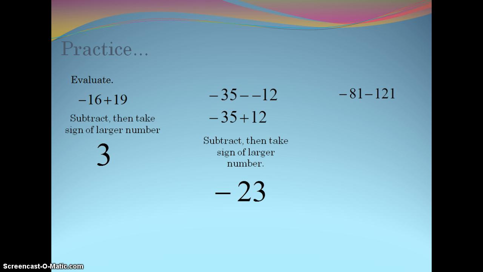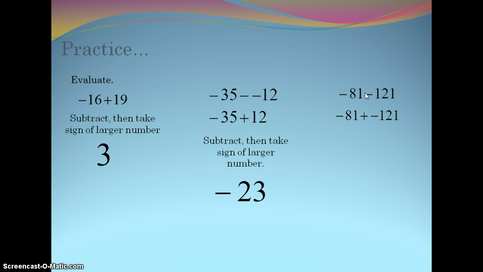Negative 81 minus 121. I'm going to focus on using the rules that were listed on that first slide. So I'm going to start by rewriting this minus sign here as a plus negative. If you do not want to do that, you do not have to. If you are comfortable just subtracting as is, by all means, feel free to do that.